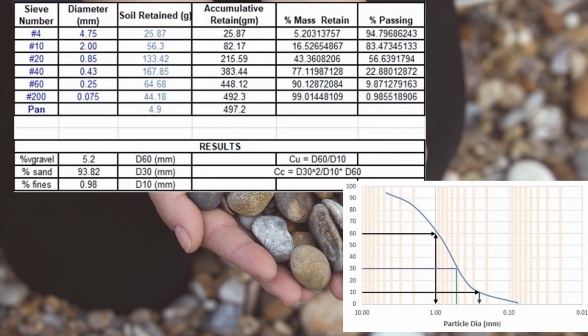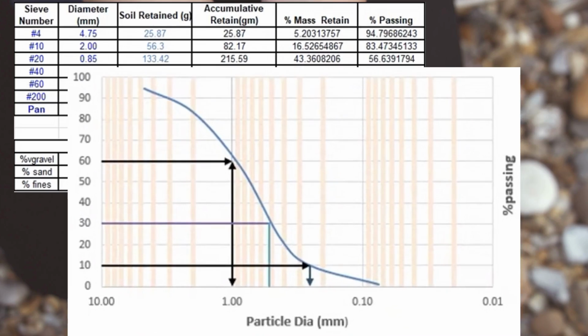And then we calculate the passing percentage, so everything less. If a little bit more than 5% of the mass is retained on mesh number 4, first column, it's obviously 94.7%. So that's how you calculate for everything, and in total it should be obviously 100%. And then you just plot it on your graph, and here note that we have coarser grains to the left and finer to the right.